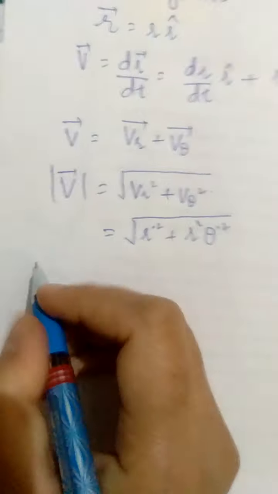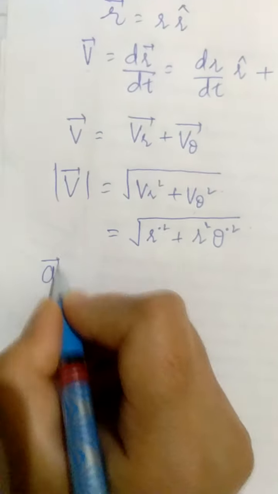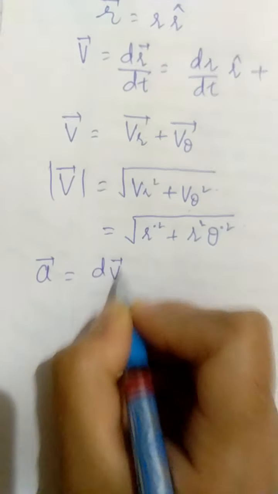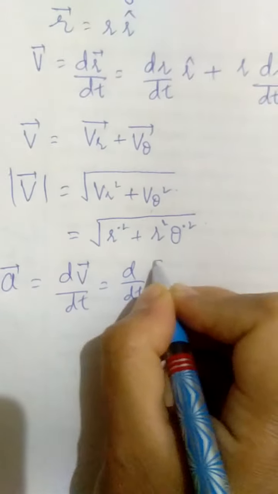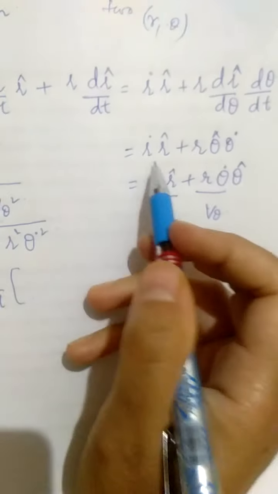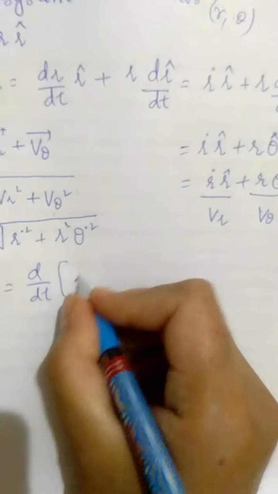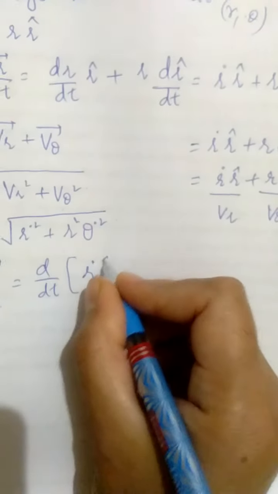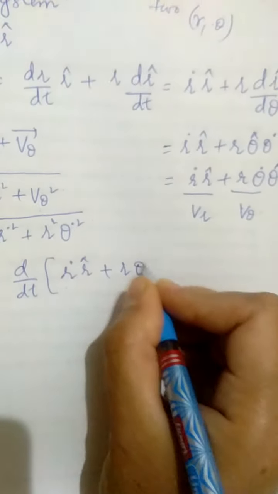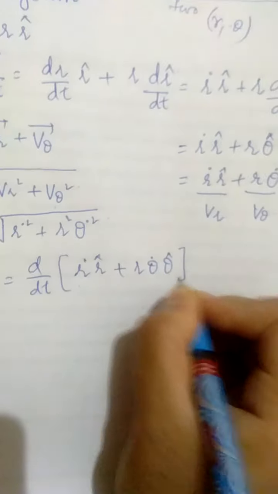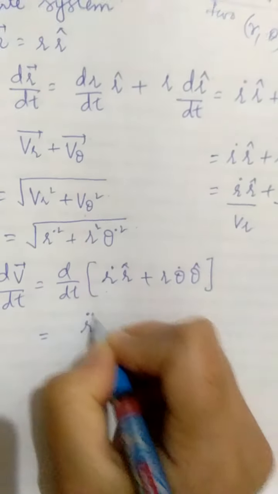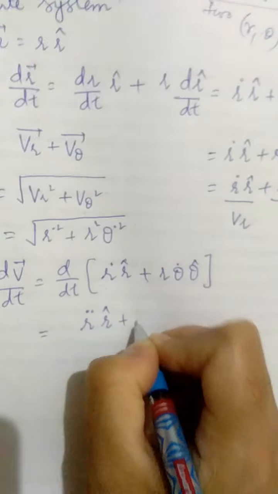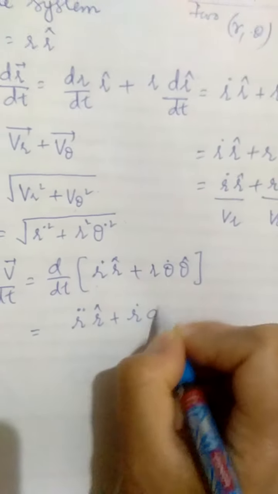Now, similarly, we can proceed for acceleration. So acceleration, obviously, it is dv by dt. So that is d by dt of, what is v? We have found that v is this much. So it is r dot r cap plus r theta dot theta cap. So let us differentiate it. Differentiation of r dot will be r double dot, then r cap, then r dot will remain as such.